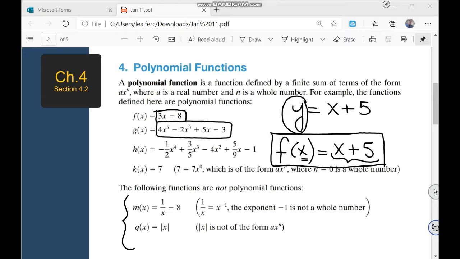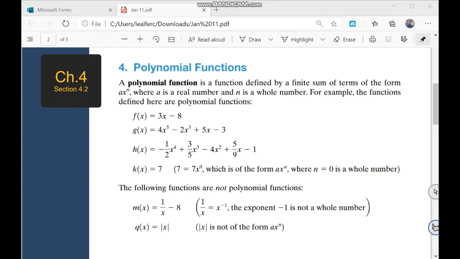They are functions, but they are not polynomial functions because those expressions are not polynomials. To be a polynomial, each term needs to have this form: a, the coefficient, times x, the variable, exponent n, where n is a whole number: 0, 1, 2, 3, 4, 5, and on.